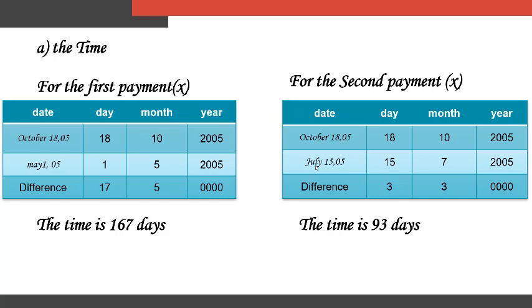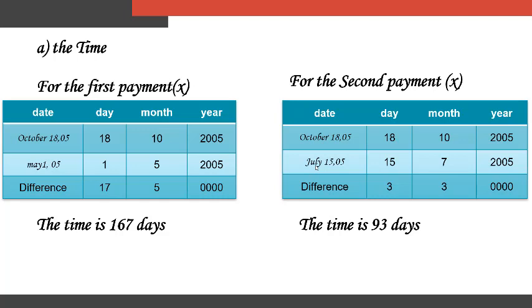And for the second payment, we will start with October 18, 2005: day 18, month 10, year 2005, minus July 15, 2005: day 15, month 7, year 2005.